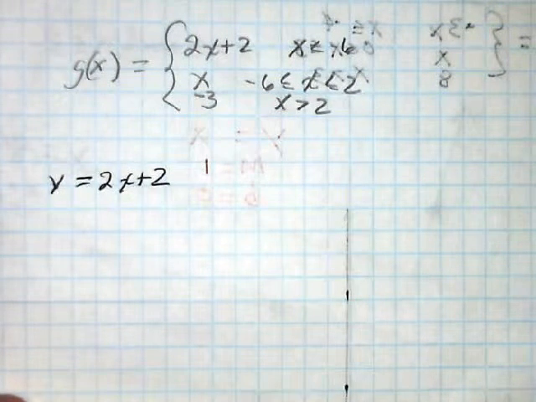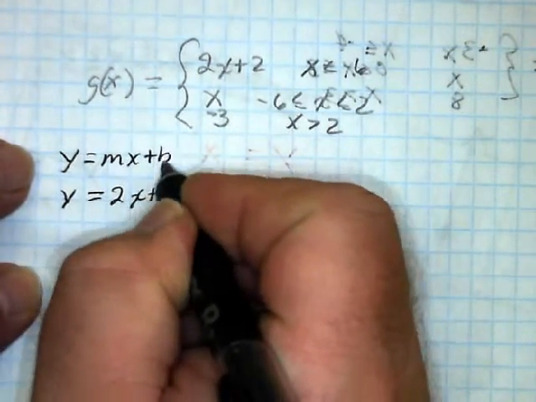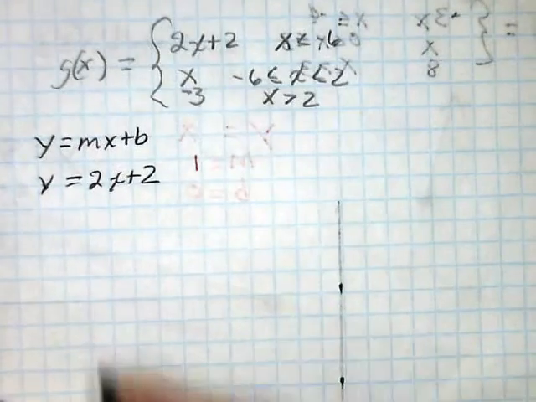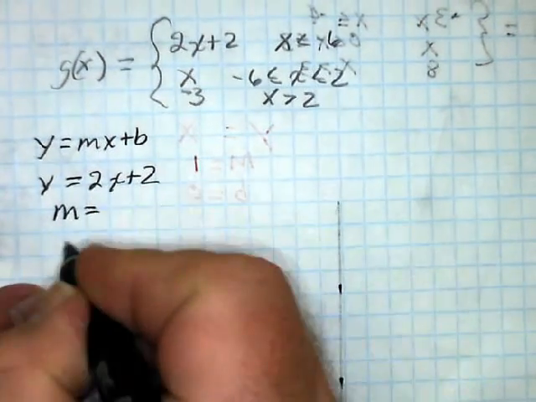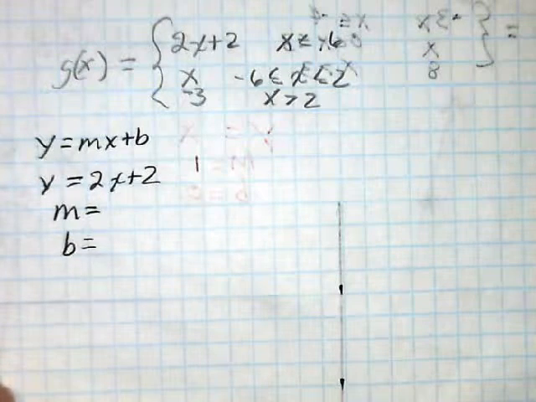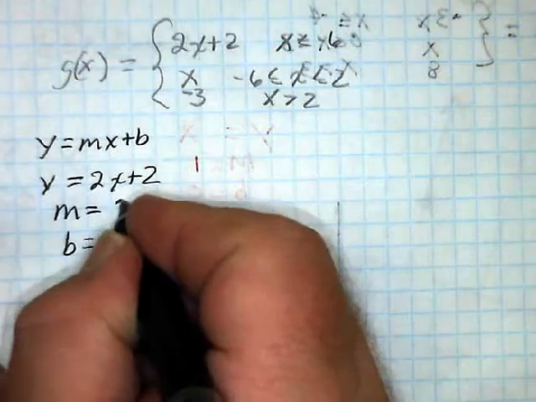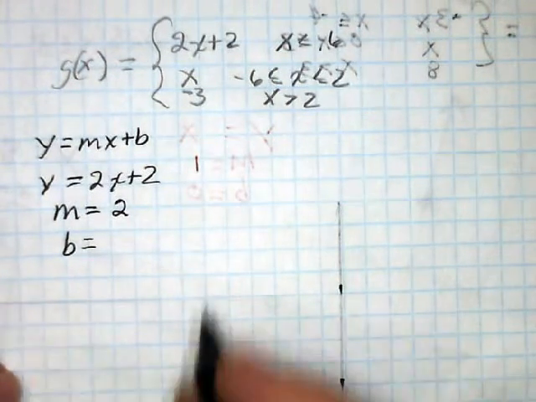If it is in that form, then I already know the slope and I know the y-intercept. What's the slope? What is the y-intercept? It will also be 2.